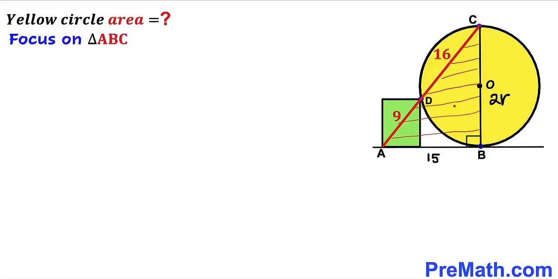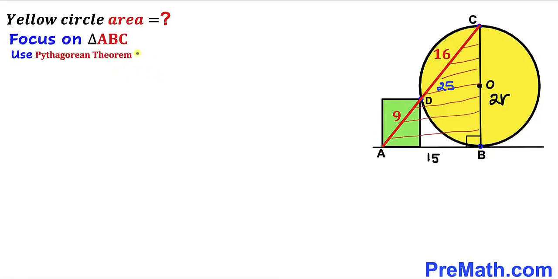Now let's focus on this right triangle ABC. We know its side length AB is 15 and side length BC is 2r, and its hypotenuse AC is the sum of 9 plus 16, which gives us 25 units.